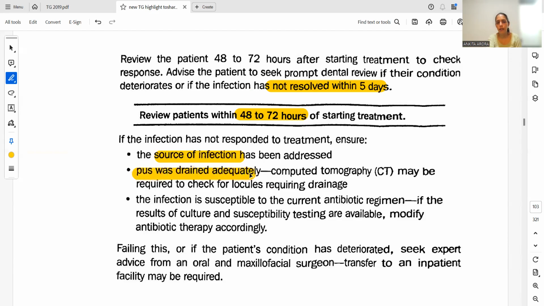Pus was drained adequately. CT can be done to check for locules requiring drainage. The infection is susceptible to the current antibiotic regimen. If the results of the culture and susceptibility testing are available, modify antibiotic therapy accordingly.